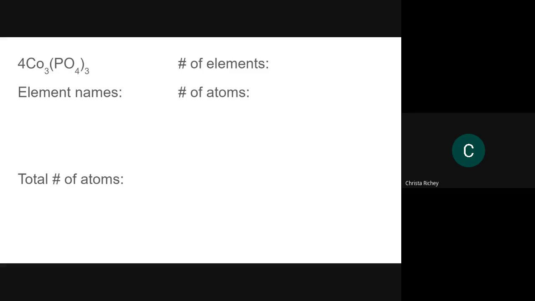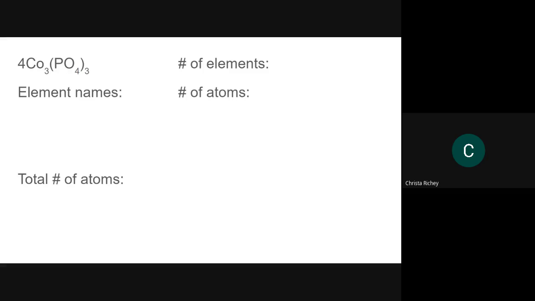This is, the way it's written is not right, but it's okay. It's no big deal. We've got cobalt and we've got phosphate.